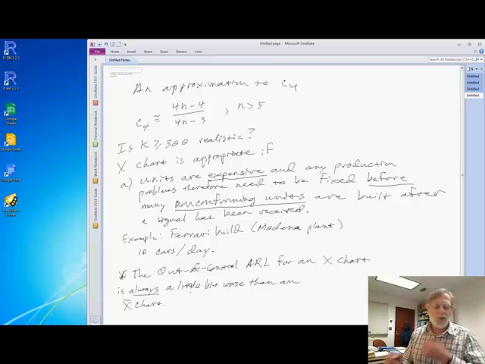So the X chart is never going to be as good as an X bar chart. You're always going to do better as far as the number of subgroups it takes to have a signal happen if you're running subgroup sizes that are bigger than 1. But remember, the X bar chart is accumulating a large number of units in order to get even one subgroup, whereas an X chart isn't accumulating anything.